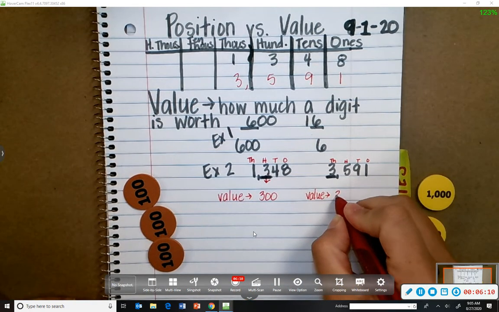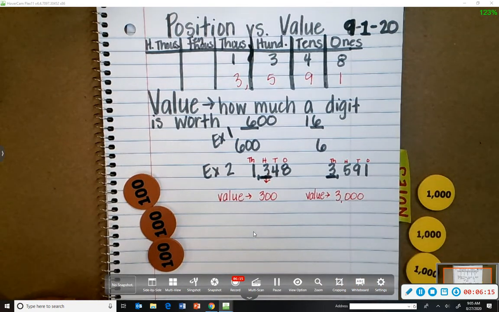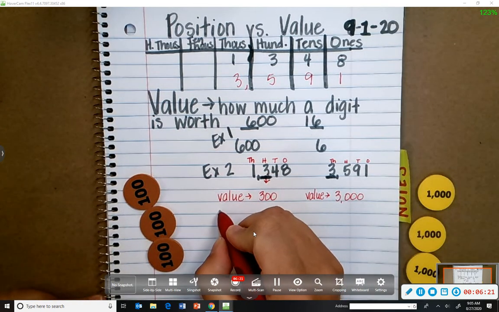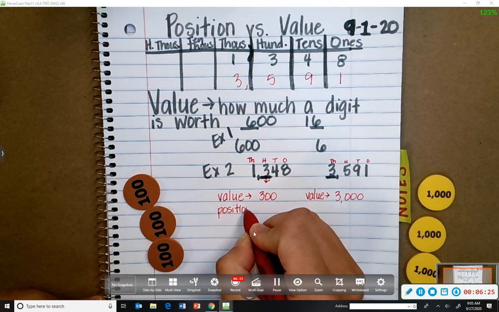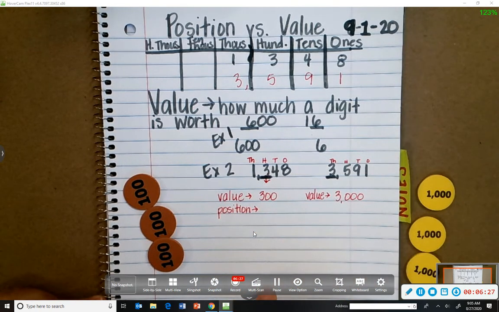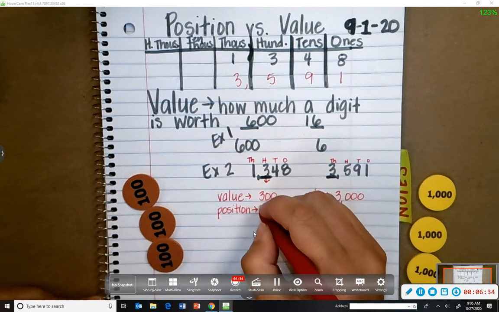So you see the difference? The value will change depending on what position it is in. Okay, now let's talk about that word position. It's the same thing as asking what place value it's in. Okay, so what position was this 3 in? It was in the hundreds place, so you would just say hundreds.